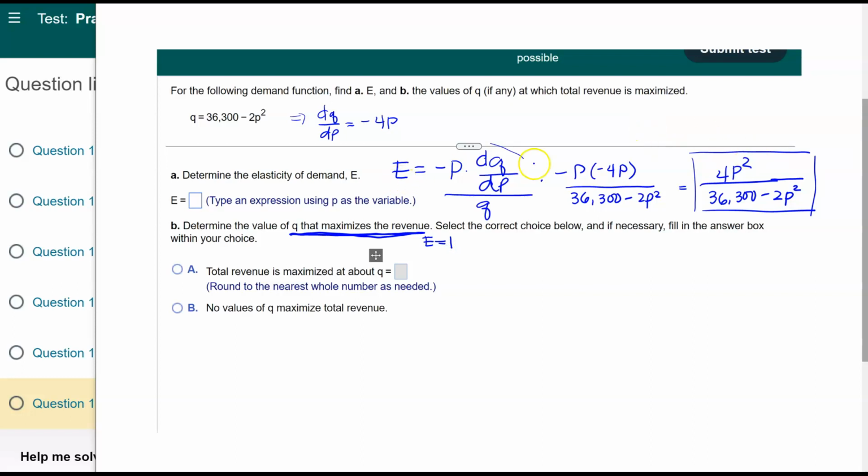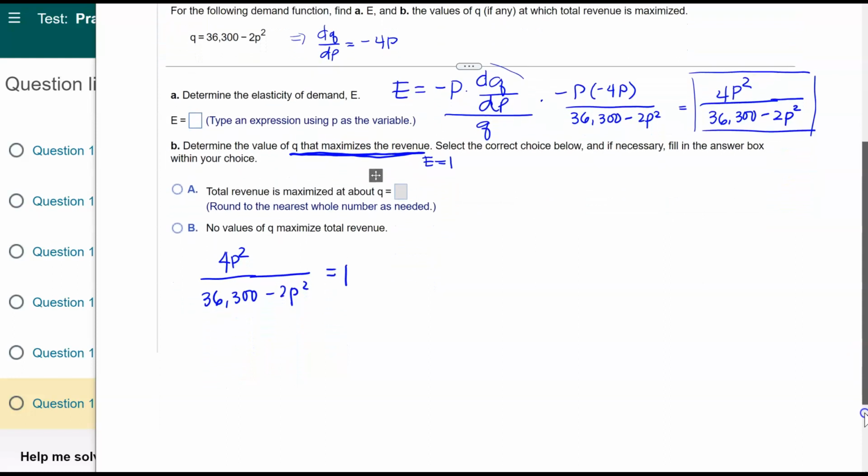So in other words, this equation here, 4p squared all over 36,300 minus 2p squared, that should be equal to 1. Now, when will this be equal to 1? This is equal to 1 when both numerator and denominator are equal.